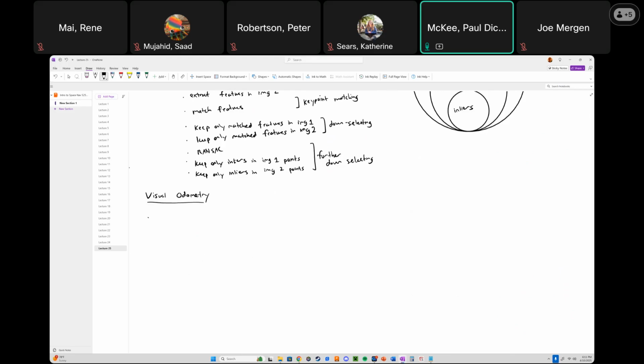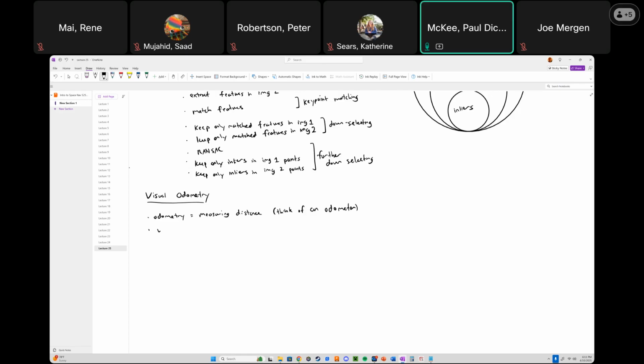So odometry just means measuring distance. So think of an odometer, right? Distance since it left the factory.